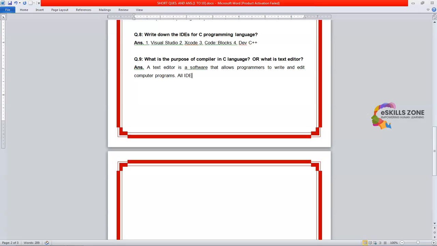All IDEs have their own specific text editors.